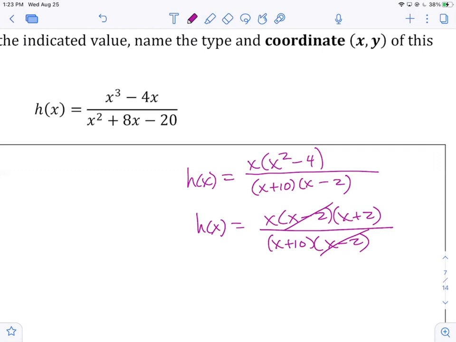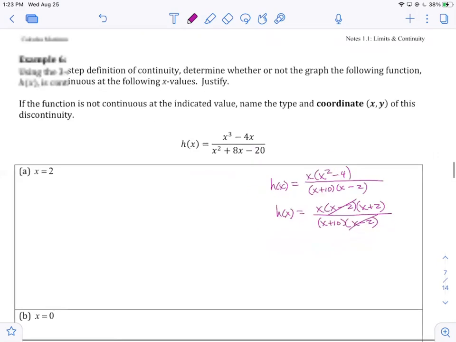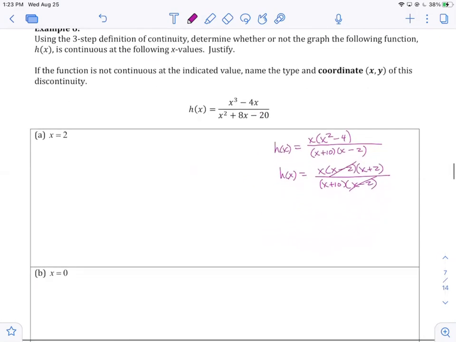So right away I know that this function has a hole at x equals 2 and a vertical asymptote at x equals negative 10. And if I wanted to know the y value of the hole at 2, I could just plug a 2 into everything that's not divided out. All right, so let's answer the question then. Is this function continuous at 2?